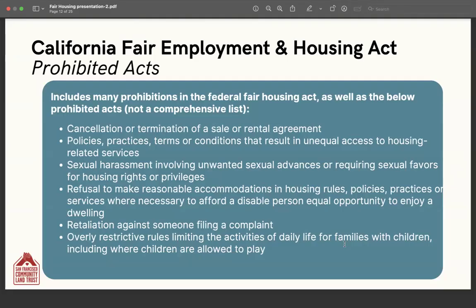The refusal to make reasonable accommodations in housing rules, policies, practices, or services. And we're going to talk about that more specifically in the next section of this presentation. Retaliation against someone filing a complaint, and overly restrictive rules limiting the activities of daily life for families with children, including where children are allowed to play.